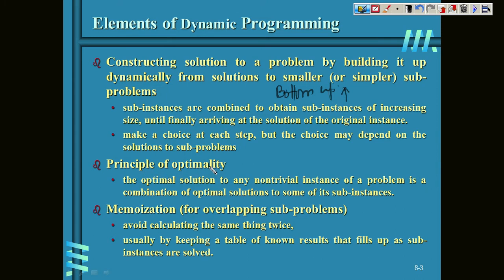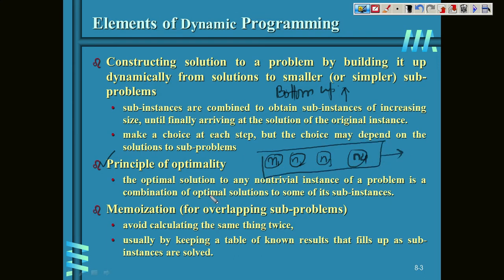Principle of optimality. When we talk about dynamic programming, it reflects the principle of optimality. The principle of optimality means that if we are defining a problem consisting of n1, n2, n3, n4 subproblems, and if we solve each of these subproblems optimally, then the entire solution will also be optimal.